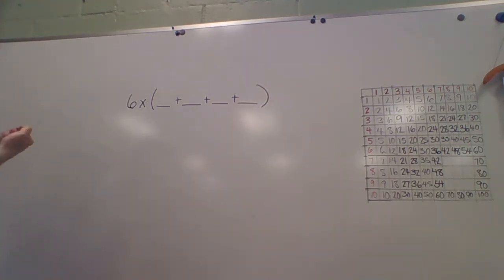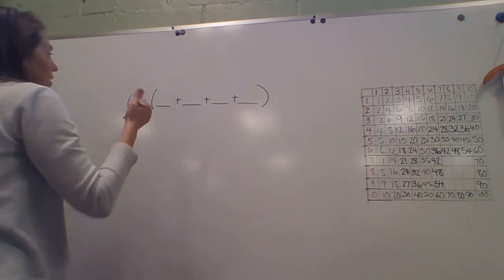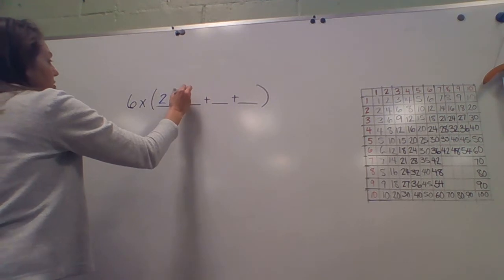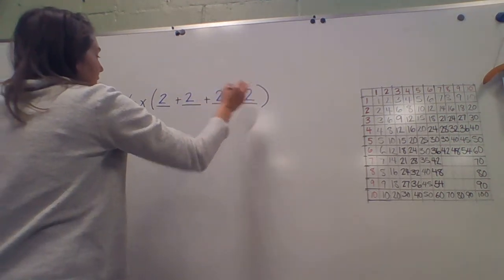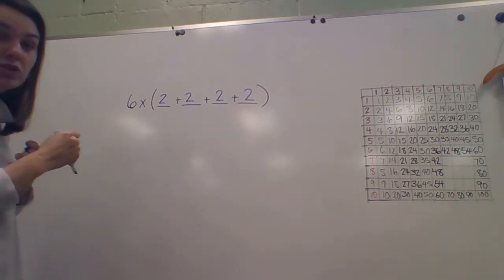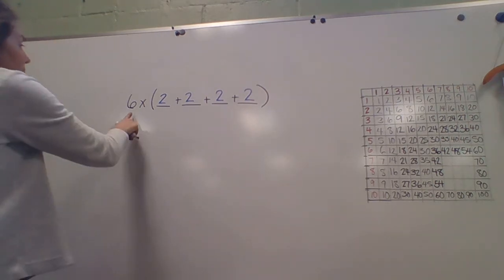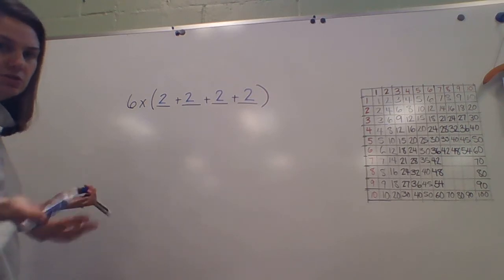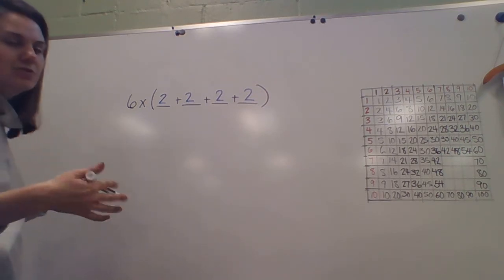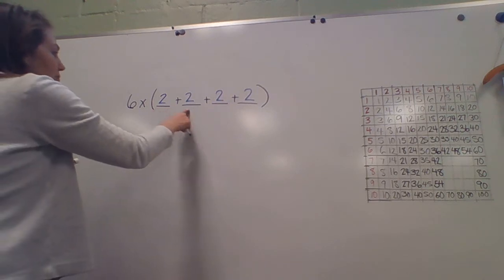And we said that each of those blanks is going to be like 2, right? So 2 plus 2 is 4, 6, 8. So if we have 4 2s, it's the same thing as saying we have 6 times 8, right? 2s 4 times. 2, 4, 6, 8.